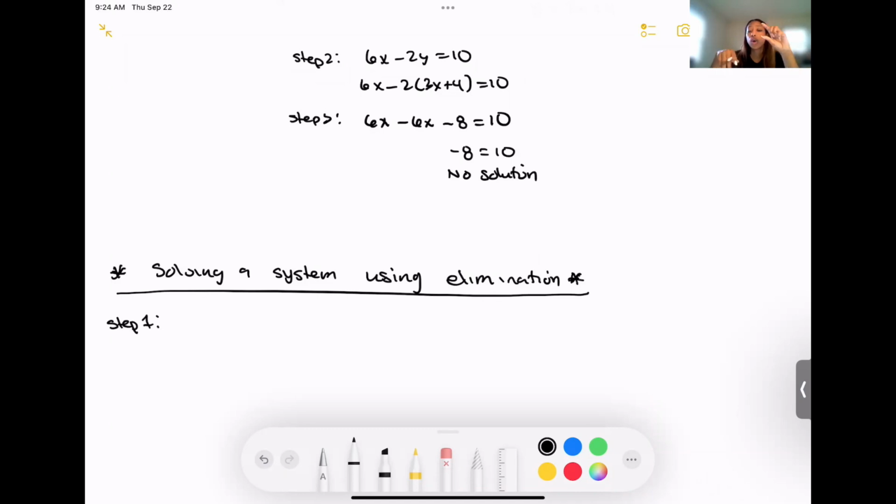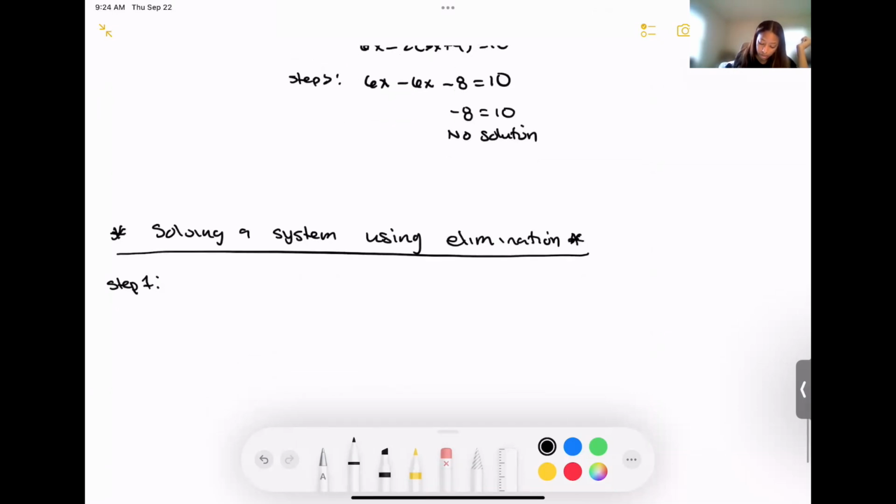Let's say we wanted to eliminate the x's. We're going to multiply so that the coefficients are opposites. That way, when we add the two equations together, one of the variables will be eliminated, hence the name elimination. So step 1 is write the equations in standard form.